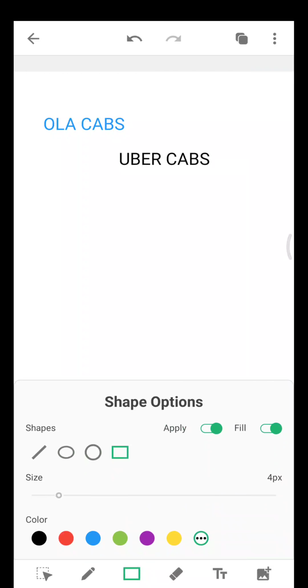So when you hire a cab, if you are traveling from point A to B, say from your home to your school, B is your school, point A to B.